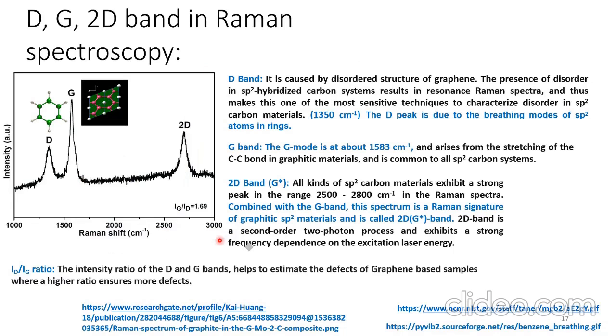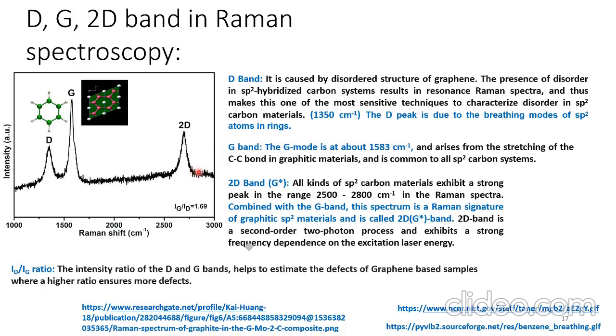And then there is a 2D peak as well. This 2D peak is again from the sp2 carbon material. If defects are there, then those will be visible.